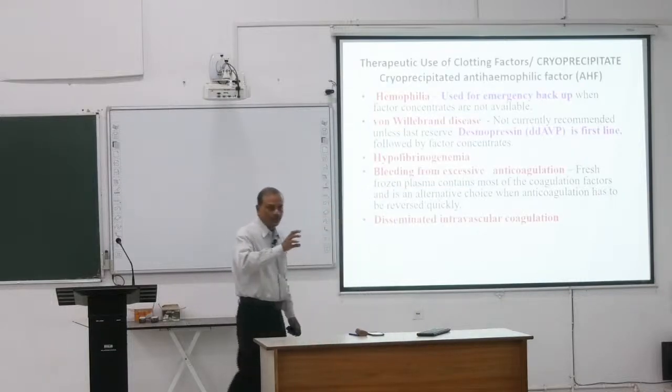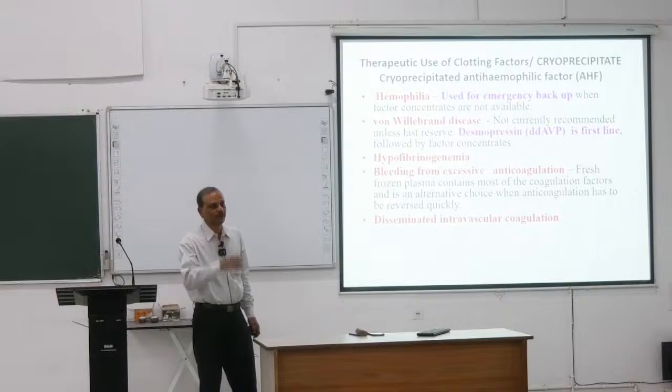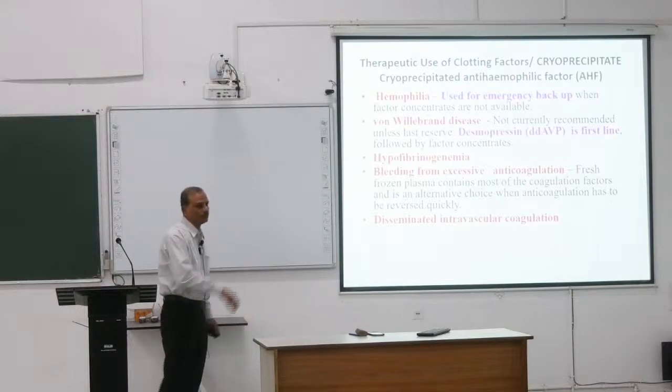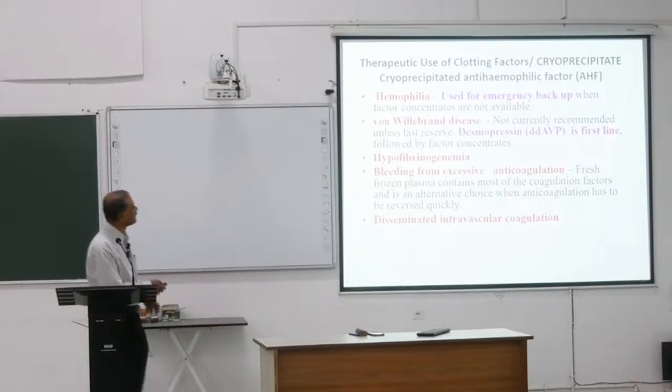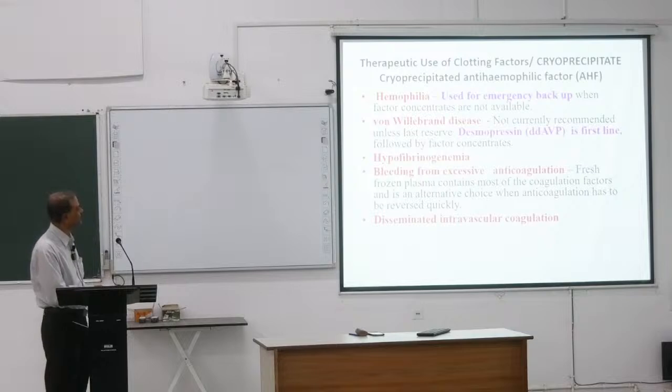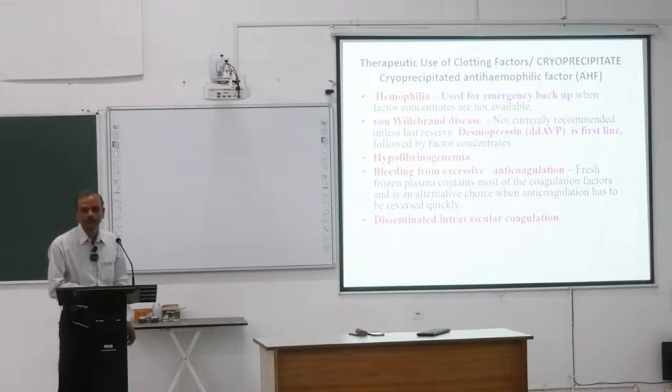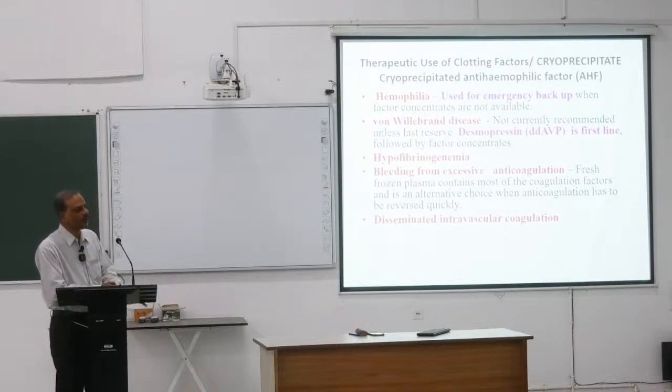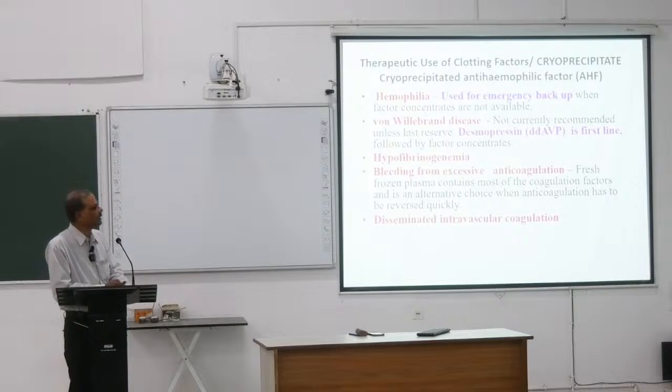So if factor 8 is not available, then what can you do? There is another option called cryoprecipitate, which is formed from fresh frozen plasma. That is very rich in fibrinogen, factor 8, factor 13, and von Willebrand factor.